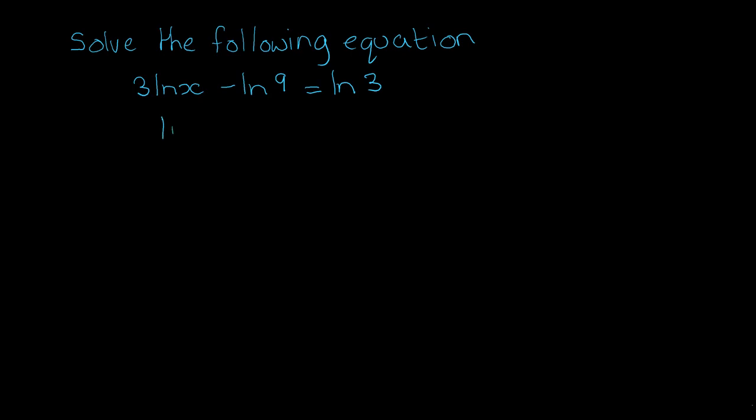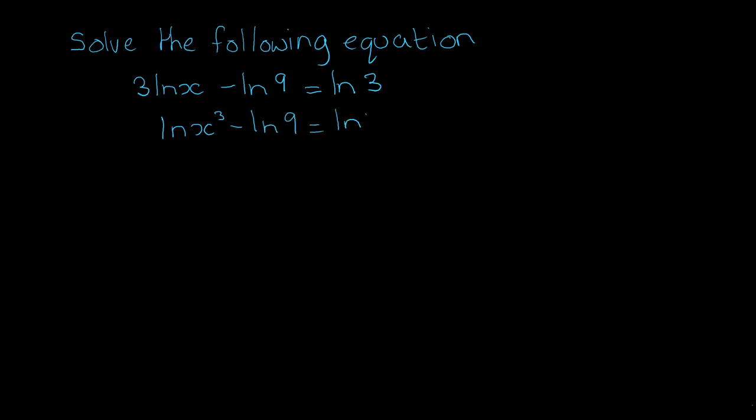Solve the following equation. 3 ln x - ln 9 = ln 3. So the first stage is we're going to make 3 ln x into ln x^3.